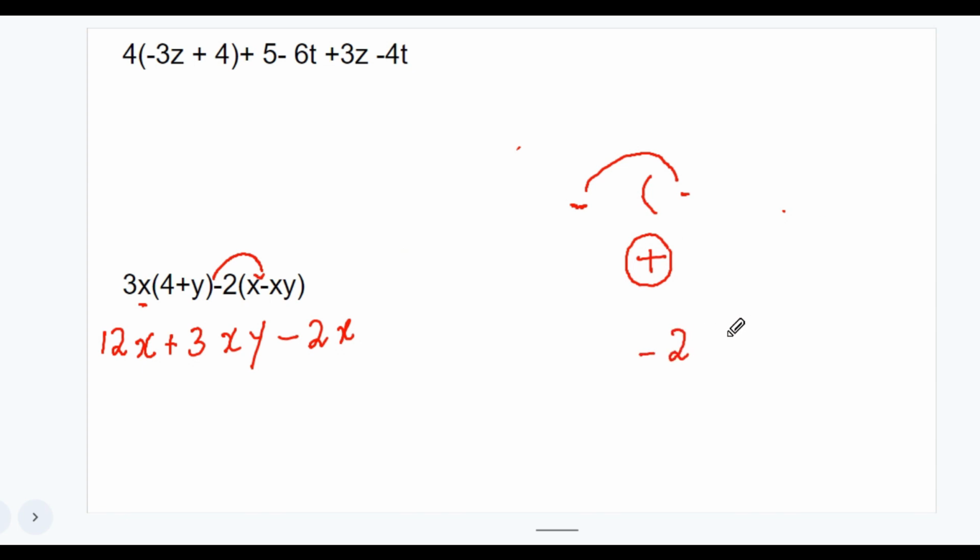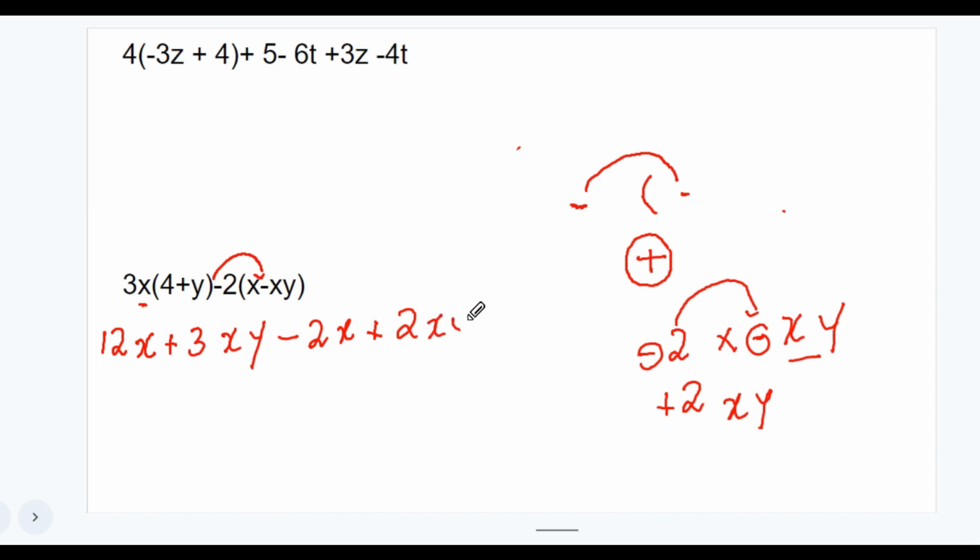Minus 2 times minus xy. Minus and minus will become plus, and this 2 times 1 will give you 2. xy is going to remain same. Okay, so what will be your answer? Minus times minus is plus, 2 times xy is just 2xy.